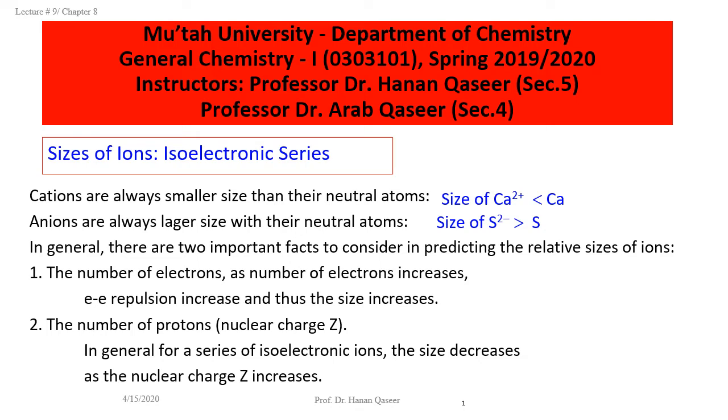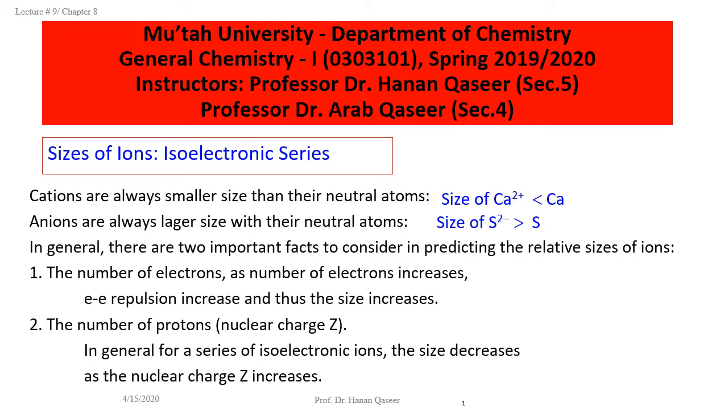From the previous lecture we talked a little bit about sizes of ions, and just to remind you, cations are always smaller than their neutral atoms. If you compare the size of a cation with the size of a neutral atom, the cation is smaller. Example, the size of the calcium ion is less than the calcium atom.